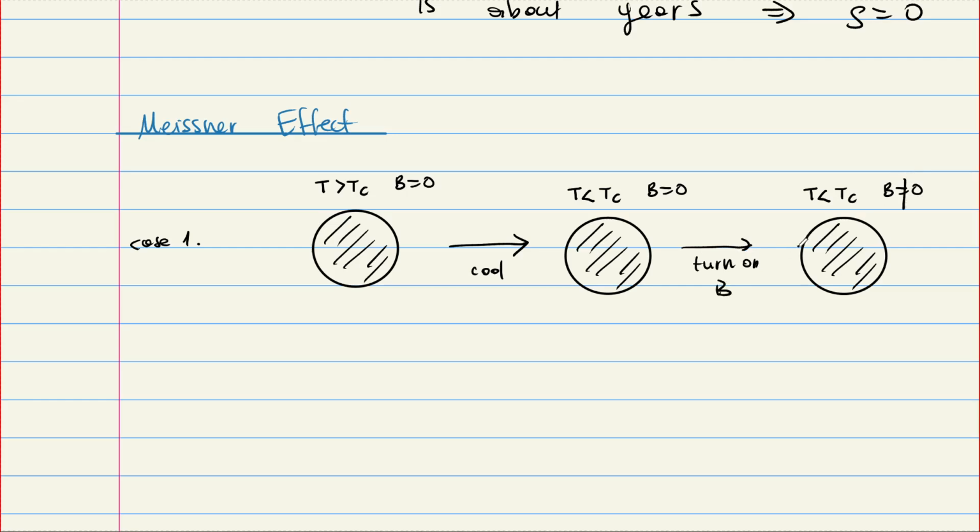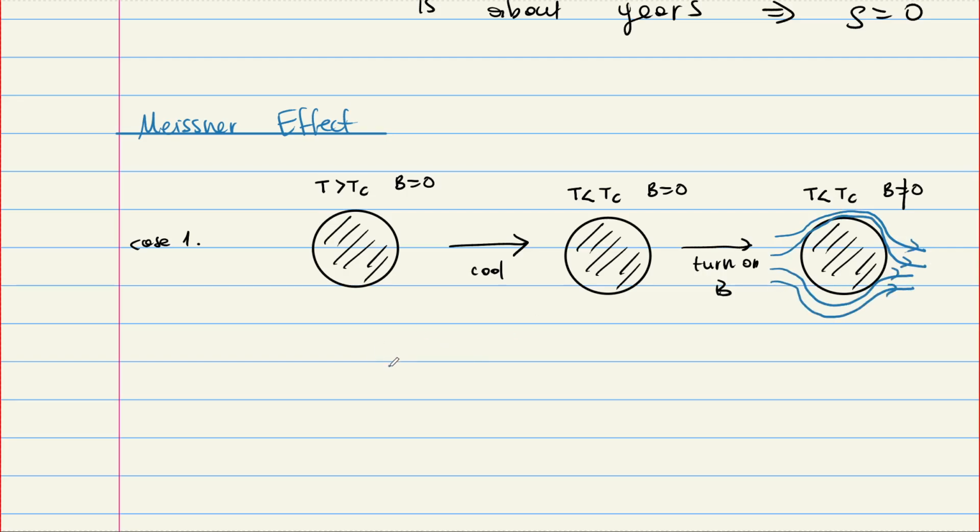In that case, what we found is that the flux in a superconductor needs to be constant. And since we started with zero flux, when you turn on B, this should be expelled from the superconductor. So what you need to have is something like that. So this B you turned on cannot enter the superconductor.